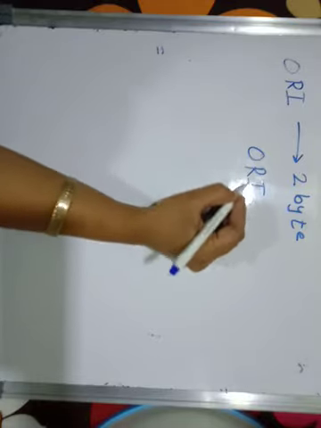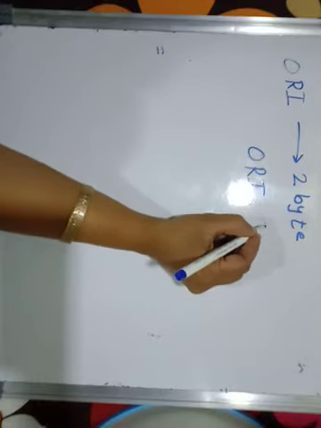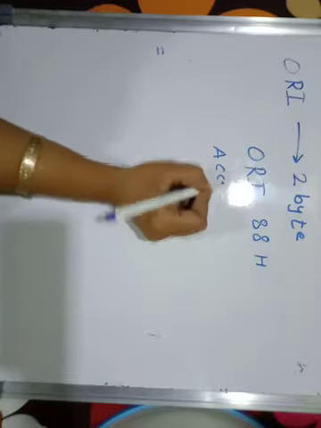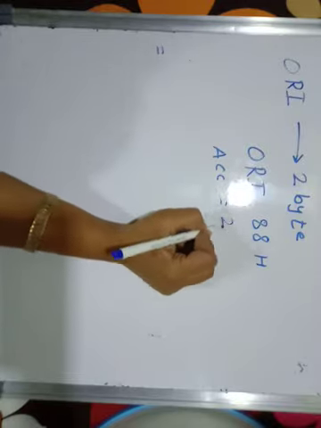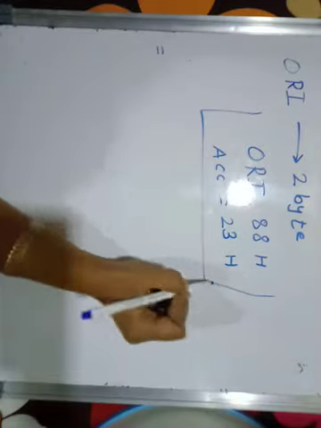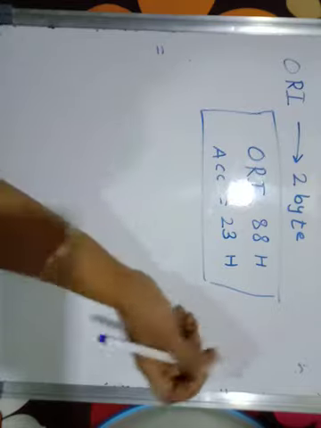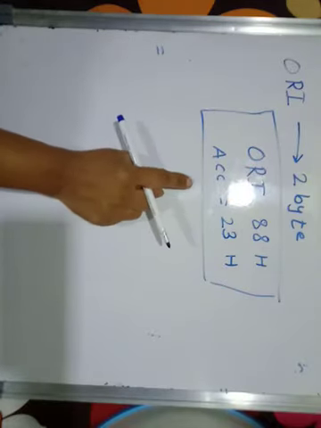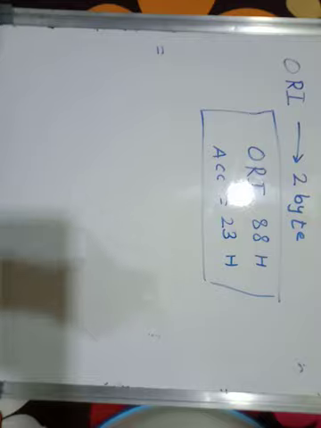Suppose you have been given ORI 88H and the content of the accumulator is 23H. Now solve this into your notebook with the help of the OR gate. So note down this one and try to solve.